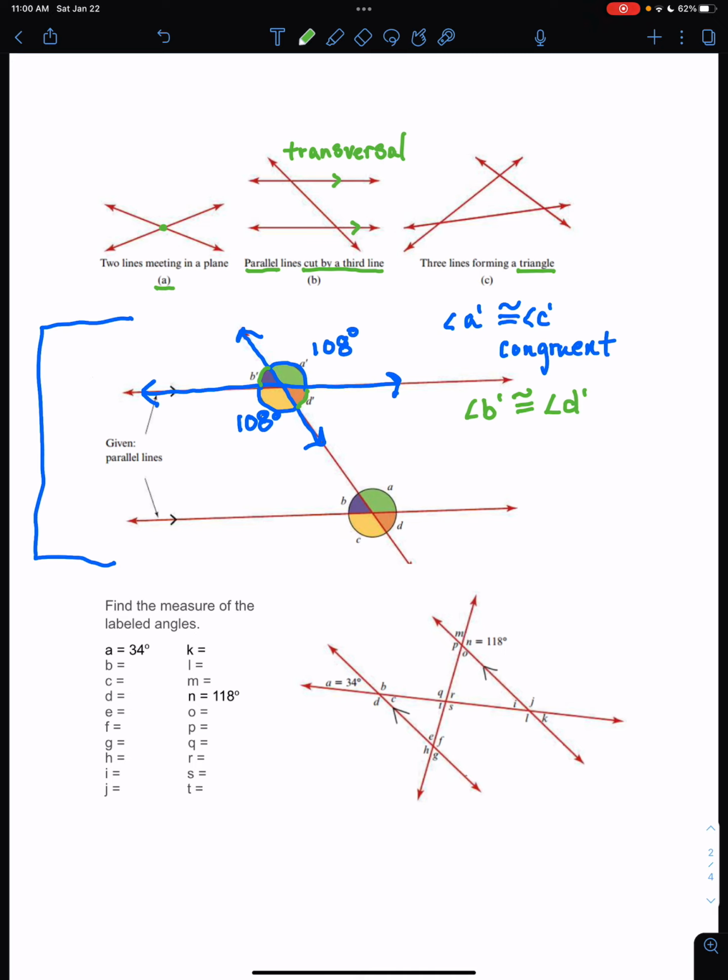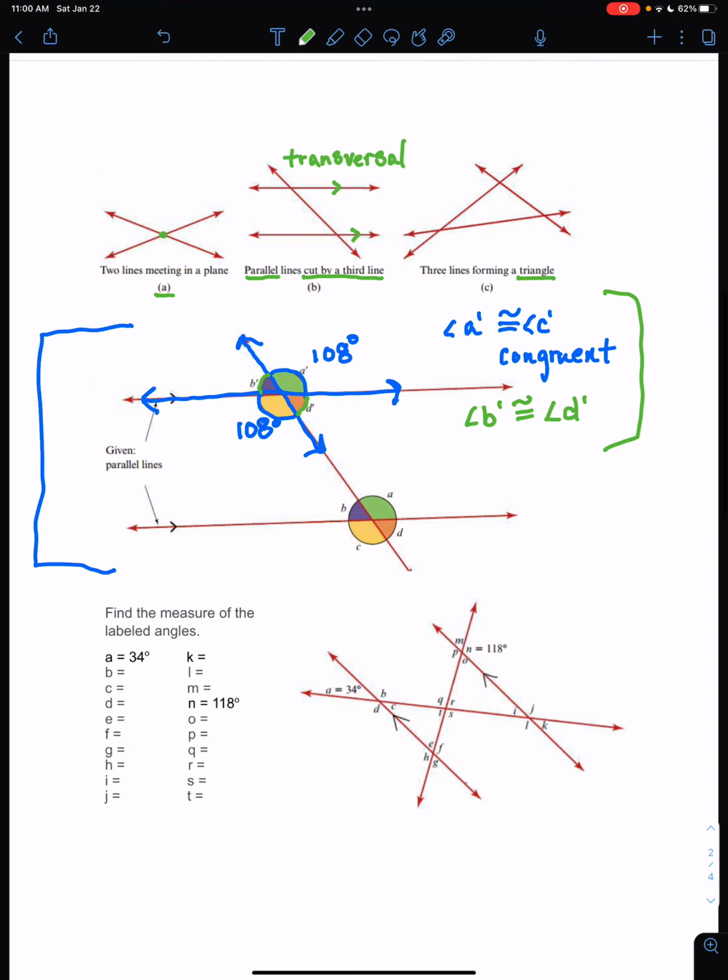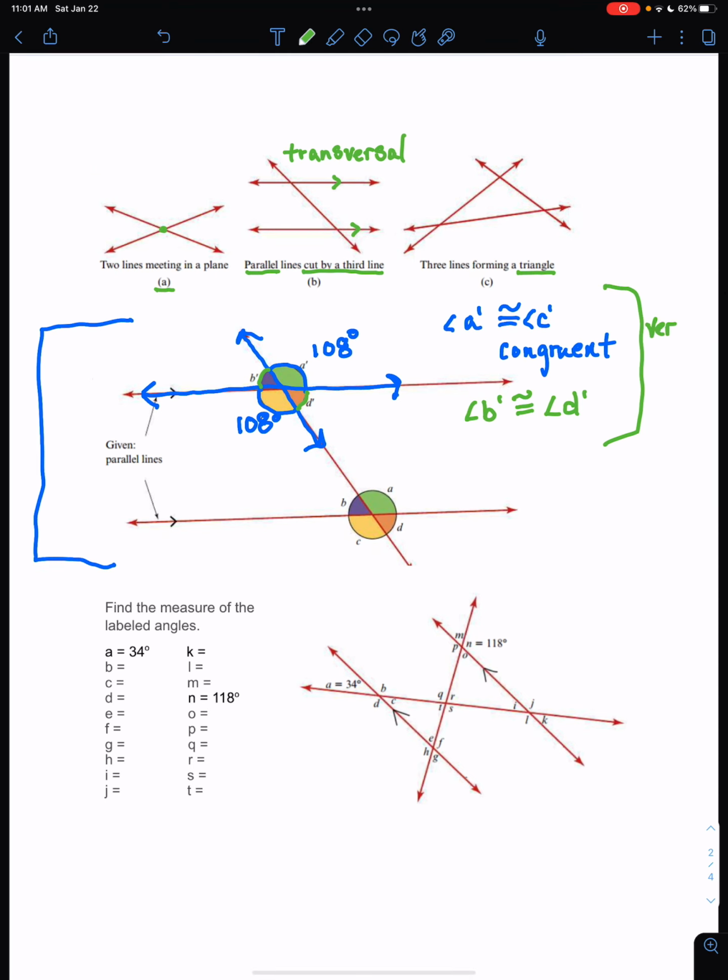These sets of angles that are made by intersecting lines are called vertical angles.